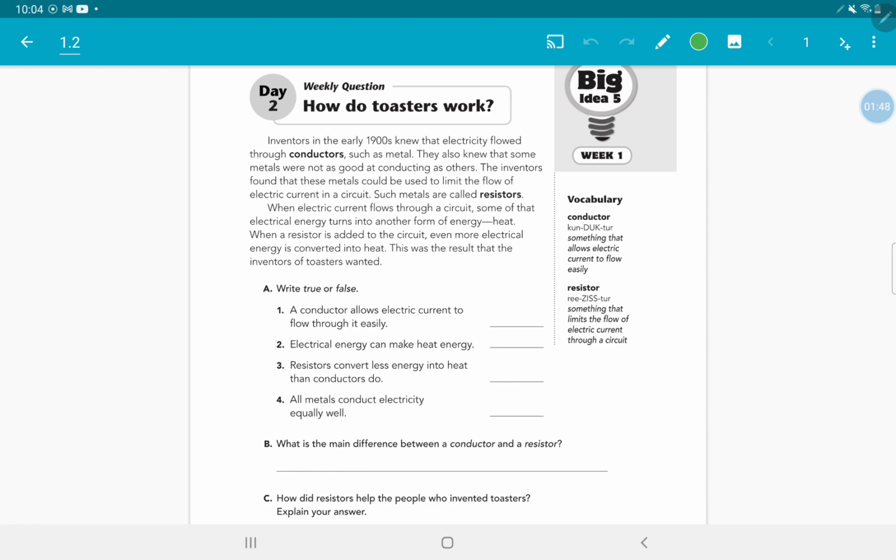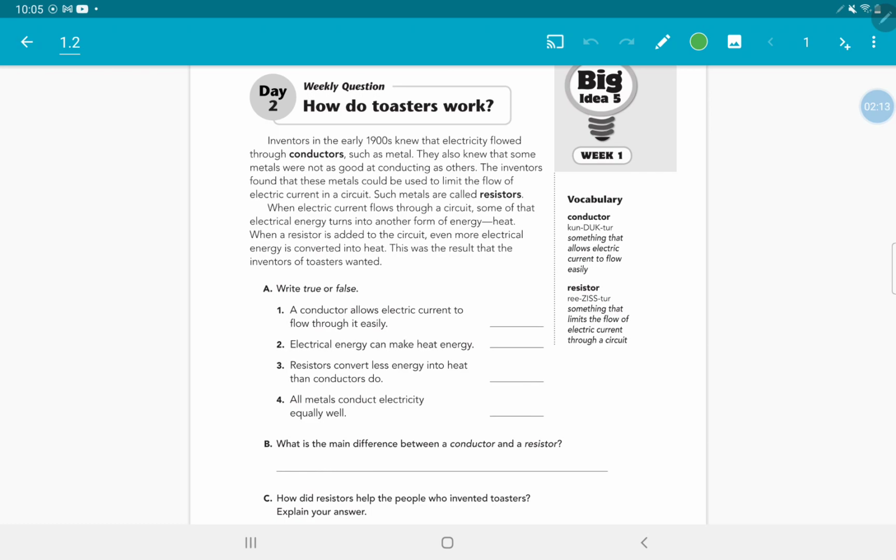Inventors in the early 1900s knew that electricity flowed through conductors such as metal. They also knew that some metals were not as good at conducting as others. The inventors found that these metals could be used to limit the flow of electric current in a circuit. Such metals are called resistors.